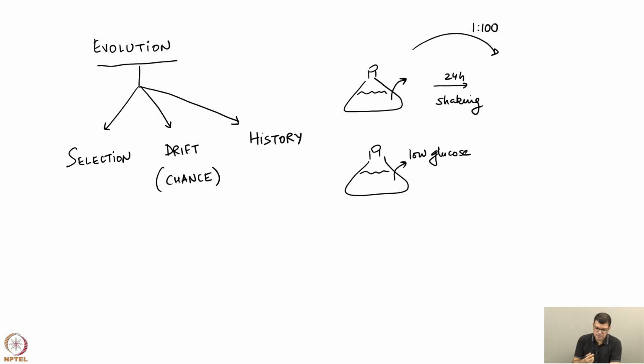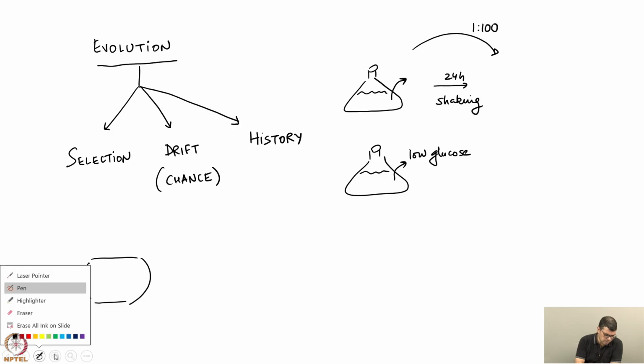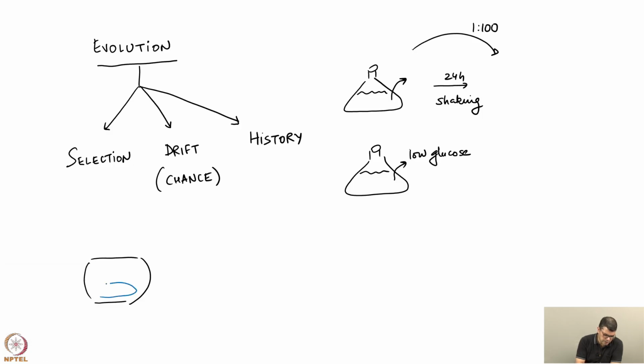One of the ways in which neutral mutations can fix in a population is, imagine the following, that we have an individual, here is its DNA, and as the process of evolution started, its DNA acquired a mutation.